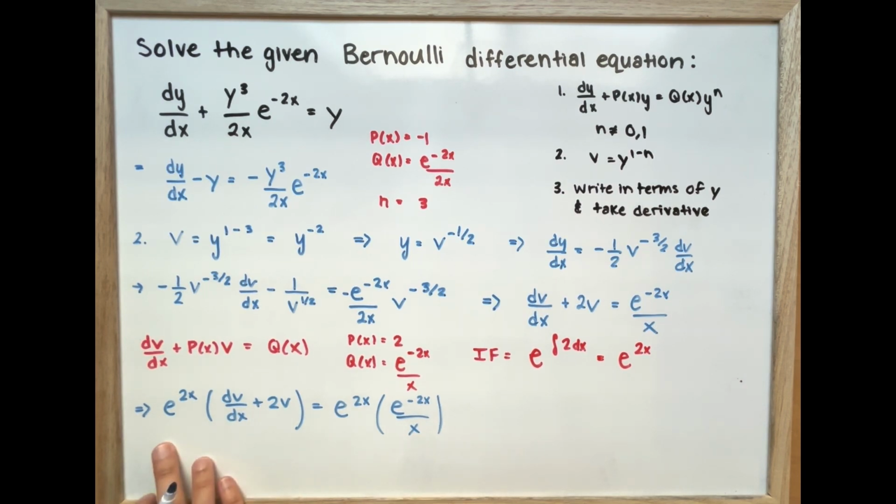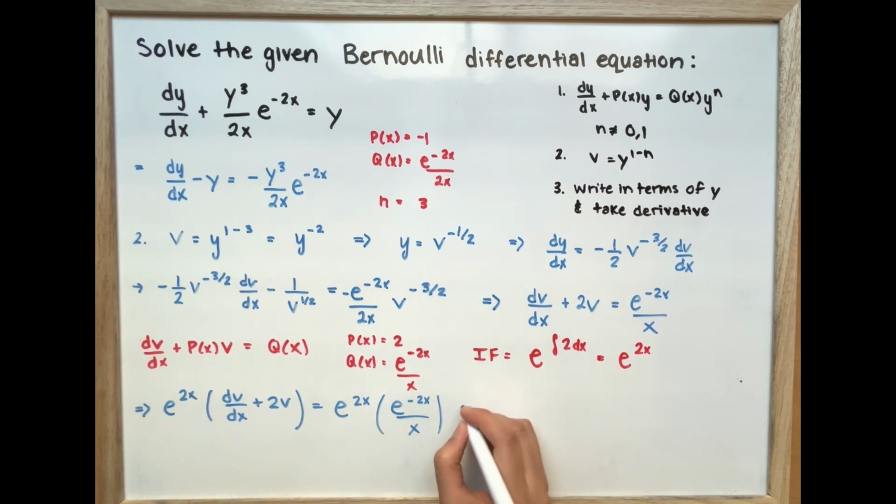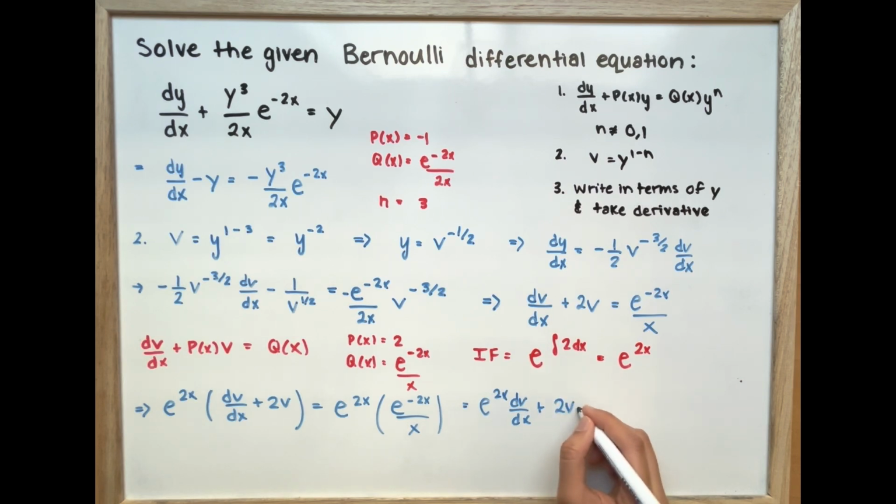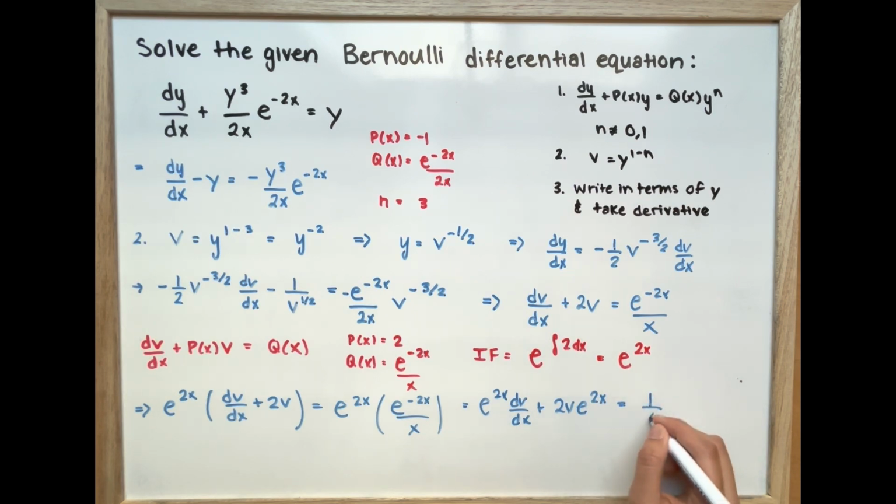And we can simplify this first. So we're going to get e to the power of 2x dv over dx plus 2 times v e to the power of 2x, which is equal to 1 over x.